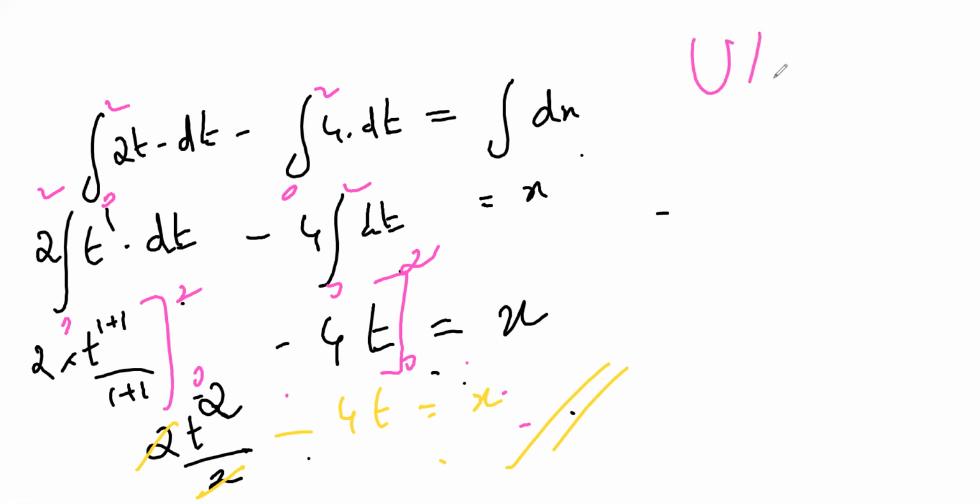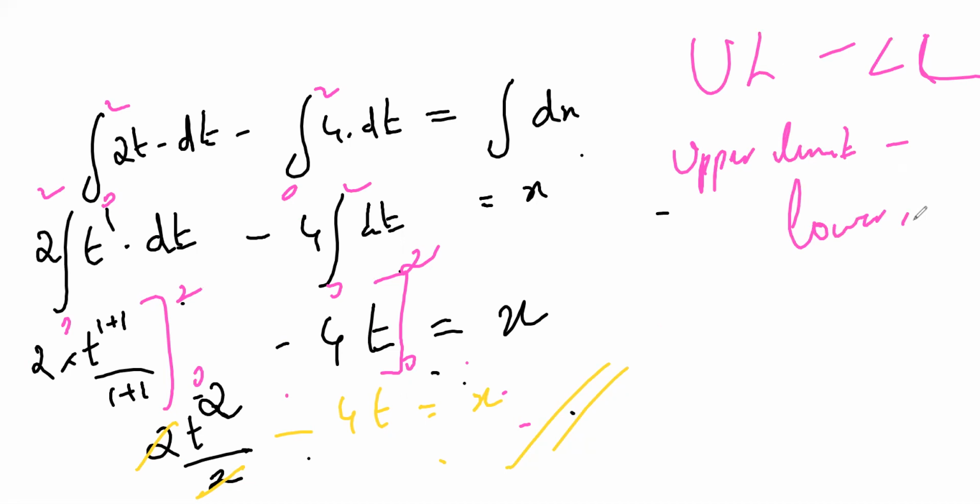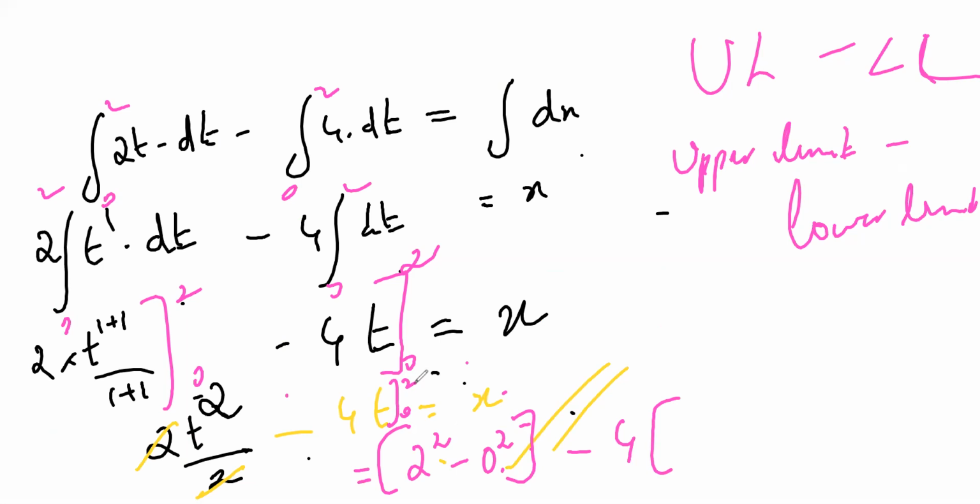So upper limit is 2. t square is upper limit 2 square minus lower limit 0 square, minus 4t, only t I am doing, upper limit 2 minus 0.